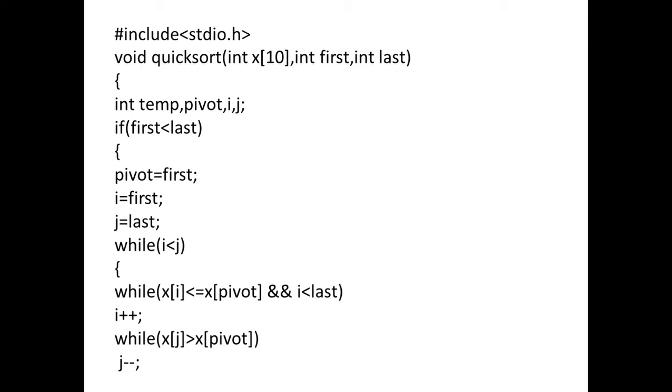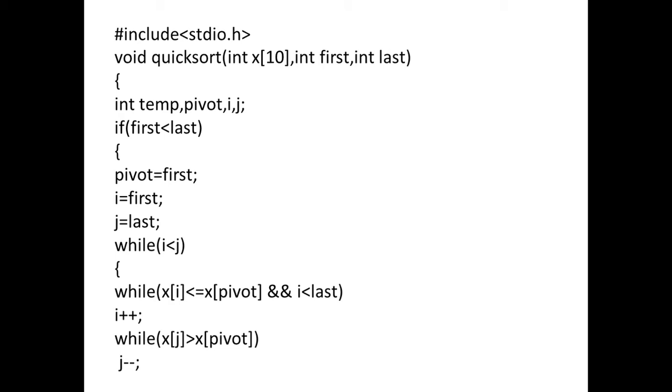Now i is incremented for each traversal, and after incrementing i, it has to check whether the next element is greater than the pivot element. Similarly, the pointer j has to be decremented for each traversal, and it has to check whether the next element is less than the pivot element.